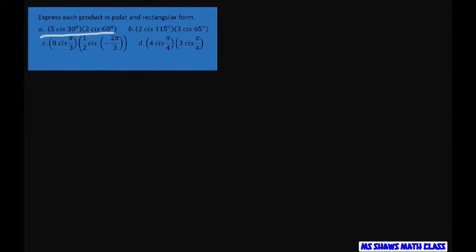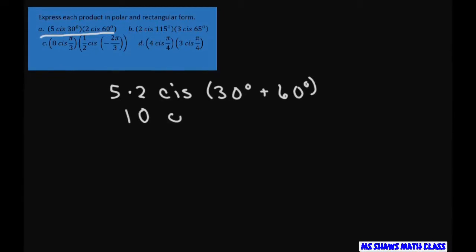So what you're going to do is 5 times 2, and then this is going to be cis of 30 degrees plus 60 degrees. So this ends up being 10 cis of 90 degrees.